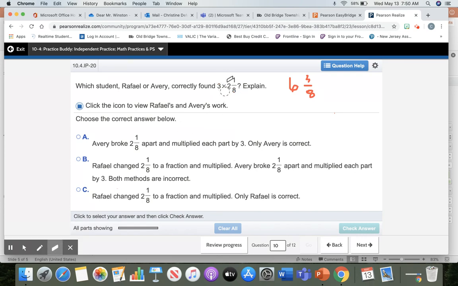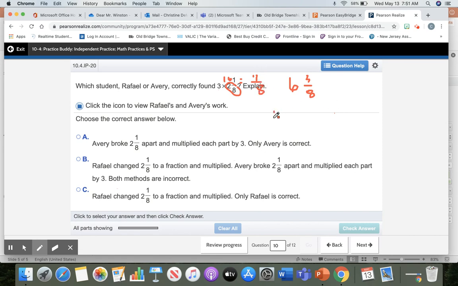So I'm going to go ahead and erase this really quick. How do we change a mixed number to an improper fraction? First, we multiply the denominator with the whole number, and I get 2 times 8, which is 16. 16 plus the numerator gives me 17, and I put 17 over 8.